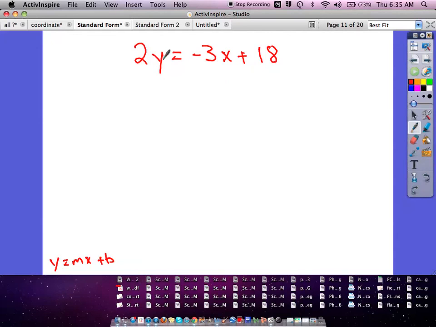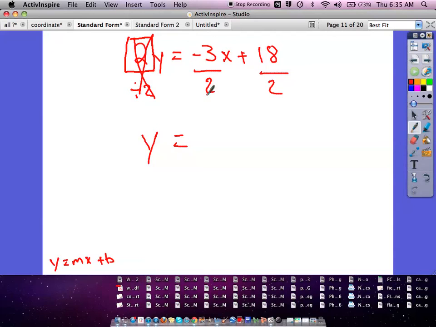But the thing is, the y is not by itself on a side. So we still need to get rid of this 2. Okay? And remember, this 2, if it's attached to the y, is times 2. So then we need to do a division of 2. So that's going to cancel that out. So we're left with y equals. We'll do divided by 2 and divided by 2 here.